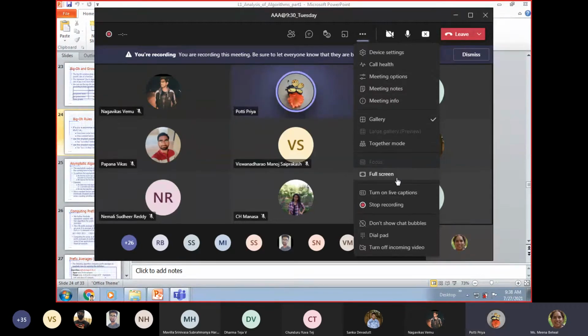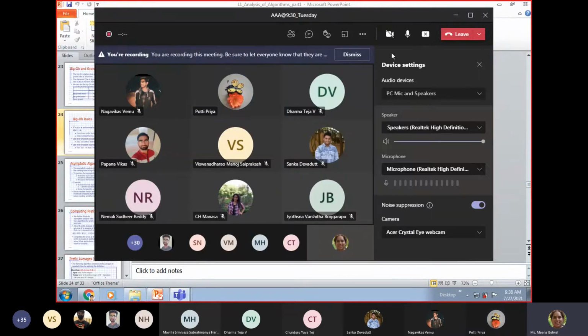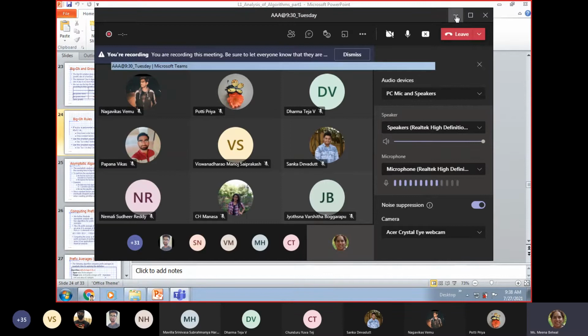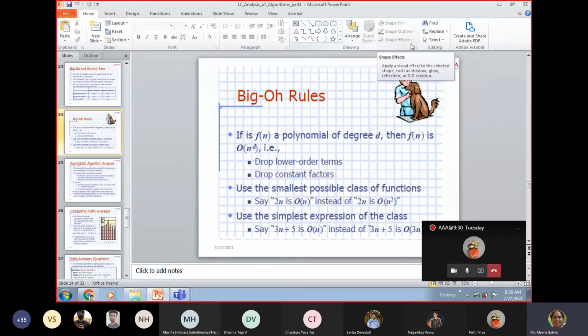Device settings in the first option. I thought after updating that option will come. No, it hasn't come, because when I asked it to update, it said that we will update it, so it showed me that it is updated. So let me try speaking loudly. I think then it will be clear. If you are not able to follow anything, then please tell me.